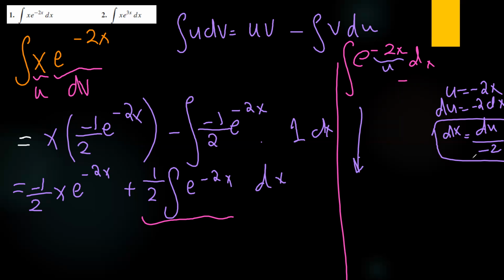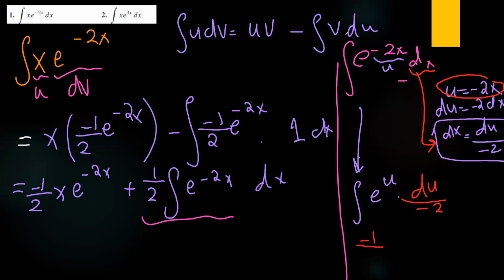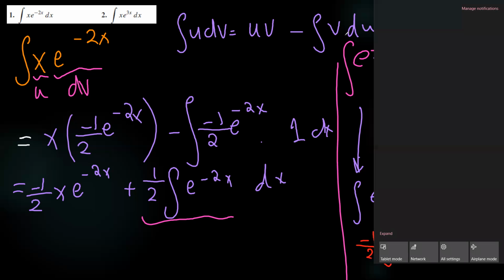Then we substitute e to the power negative 2x as e to the power u. Instead of u, you have to write e to the power negative 2x. And now instead of dx, you have to write du over negative 2. So it comes like negative 1 over 2, the integration of e to the power u du. And we know before that the integration of e to the power u will be e to the power u plus c. So the answer will be negative half e to the power negative 2x plus c.